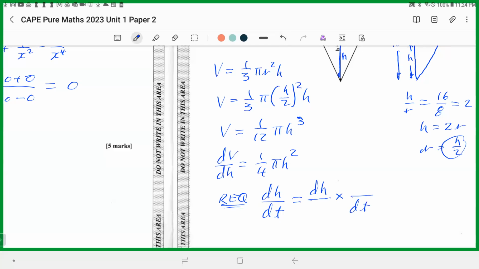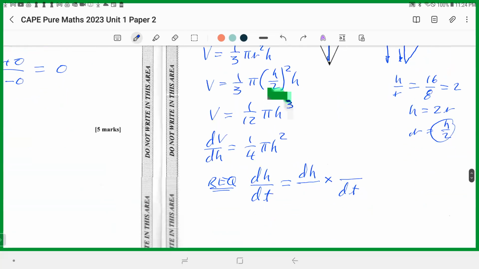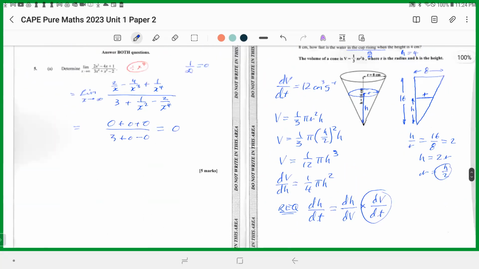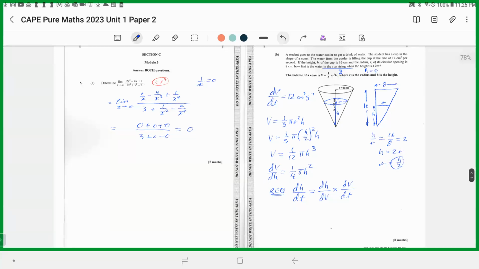The third thing that is changing is the V. So we're going to put the V here and the V here. We know this now. They gave us that dV by dt is 12. And this dh by dV really is the reciprocal of dV by dh.